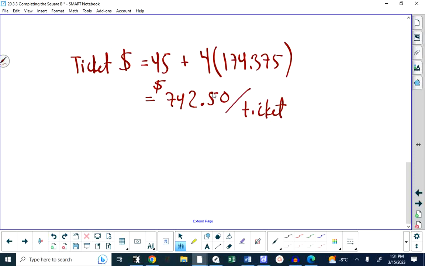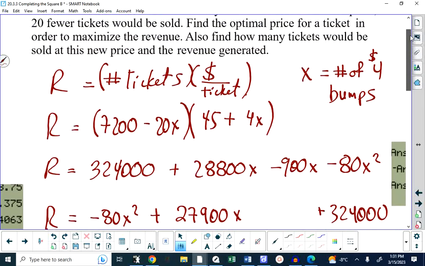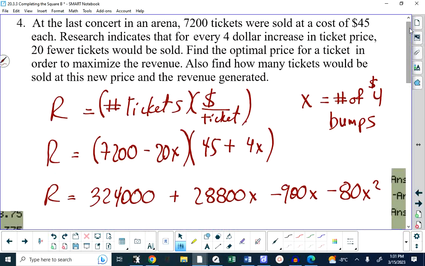Definitely. Does the question also say how many tickets are sold? Yep. Okay. Well, don't forget, if we go all the way back to the top, the number of tickets sold was 7,200 minus 20x.